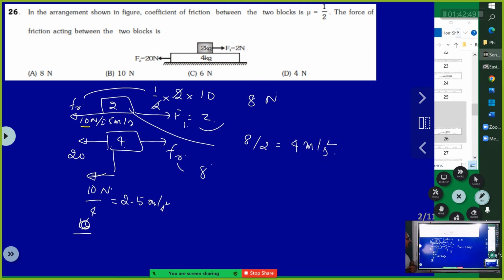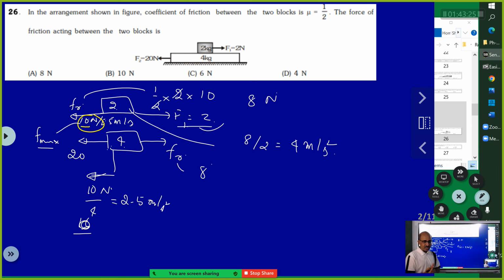Now here, what we have calculated is the maximum frictional force. F is the maximum frictional force, F max. Now if you add F2, then the required frictional force changes.